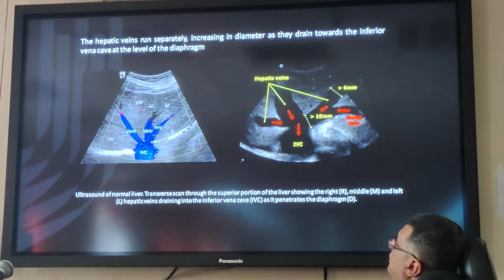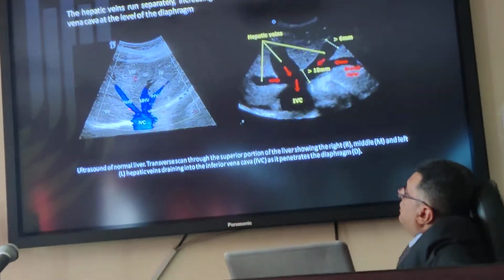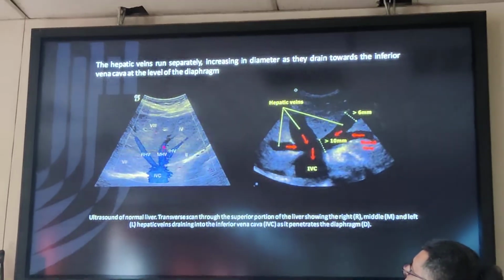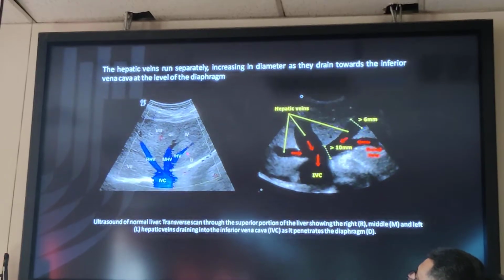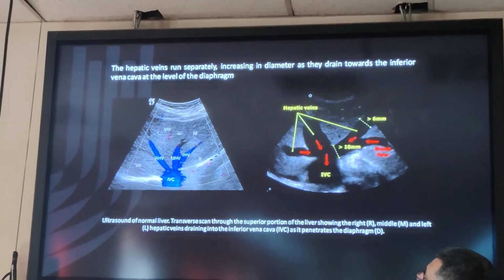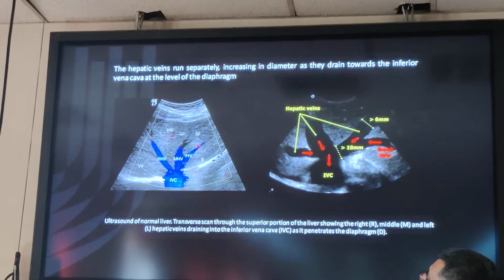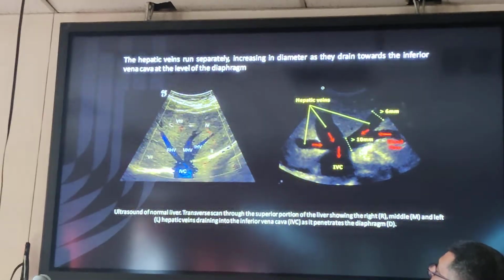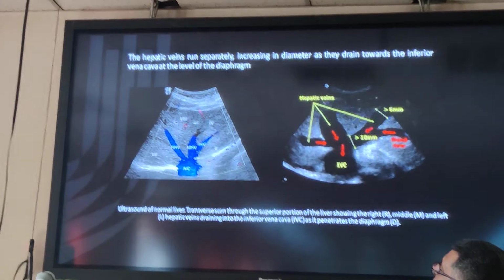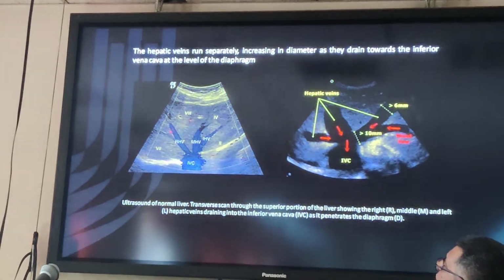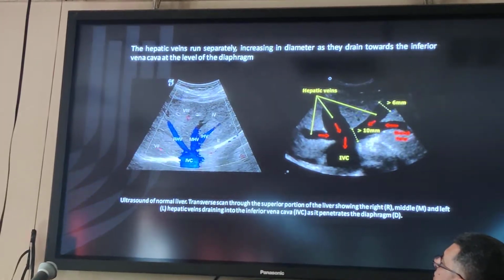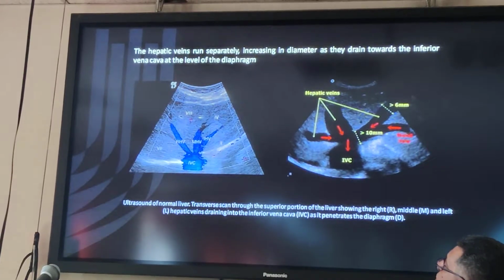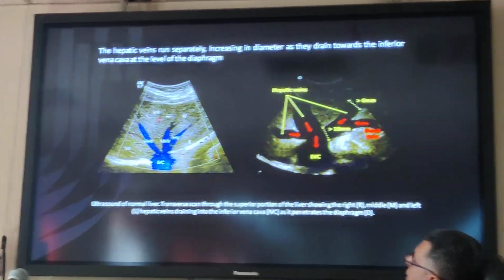This is a Doppler ultrasound of the liver: the right hepatic vein, the middle hepatic vein and the left hepatic vein. And here the segments of the right hepatic lobe, the second here, the fourth here, this is the left hepatic lobe. Here we have the eighth and seventh hepatic segments, which are attributed to the right hepatic lobe. Okay?